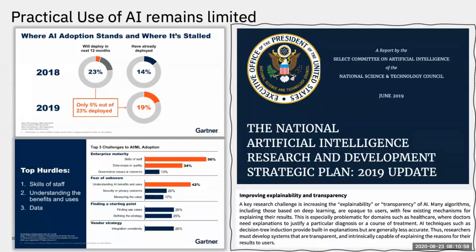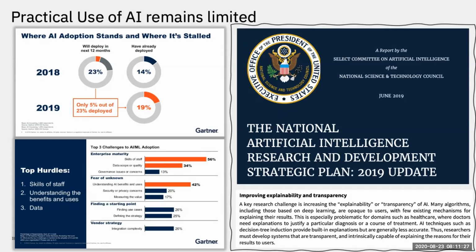The top left chart shows aspects of a Gartner article showing that in 2018, 23% of AI systems were supposed to be deployed within the next 12 months, while 14% were already deployed in 2018. Fast forwarding to 2019, we see that these 23% did not materialize. In fact, only 5% from 14 to 19% are reported in this report.